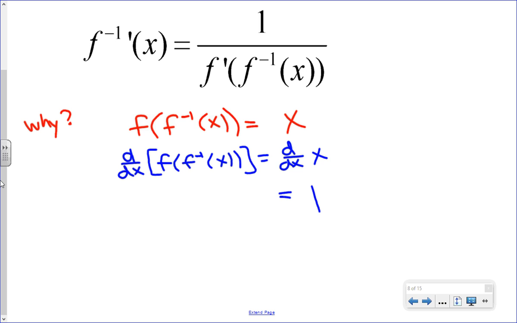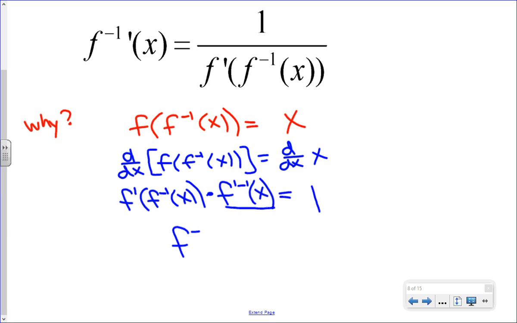Now, over here, we have a composition. If we have a composition, we take the derivative of the outside, leaving the inside alone, times the chain rule, derivative of the inside. I know it's awkward to write all these symbols in the superscript. But our goal is f inverse derivative, which is this right here.